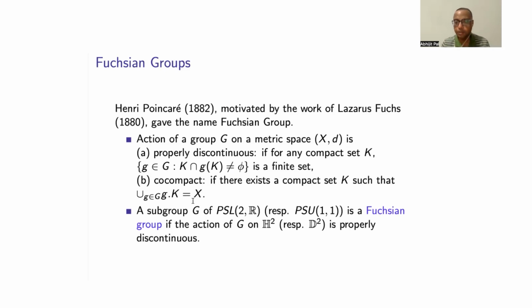And what are examples of this Fuchsian group? If you take PSL2(Z), that is a Fuchsian group. In fact, it is a discrete subgroup of this PSL2(R). And we have talked about elementary Fuchsian groups and non-elementary Fuchsian groups. We have proved that surface groups are non-elementary Fuchsian groups.